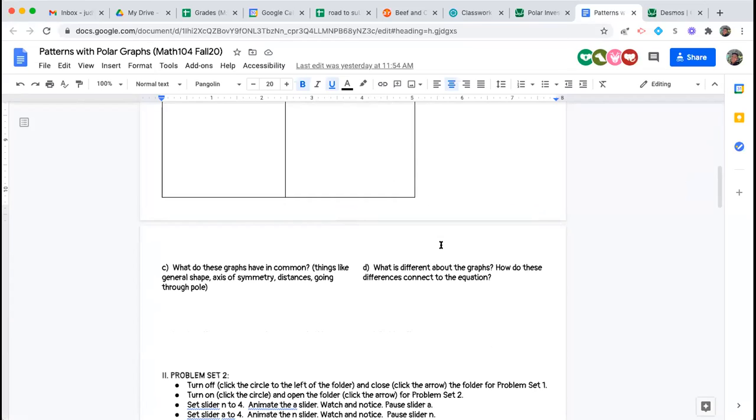Some of this is going to be looking at the flower graphs, so the rose curves, and some of them are going to be looking at the Limaçons, which you'll see what those look like when you get to those, okay? So this assignment is due Wednesday at 5 o'clock, but I think it would be a great idea for you to do it before class on Wednesday so that when we go through the rest of this lesson, it'll be a little bit quicker because you've already thought about what we're going to do, okay?